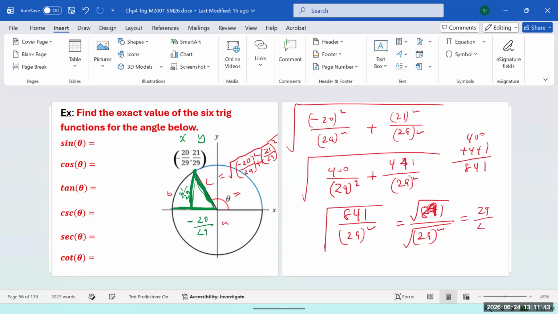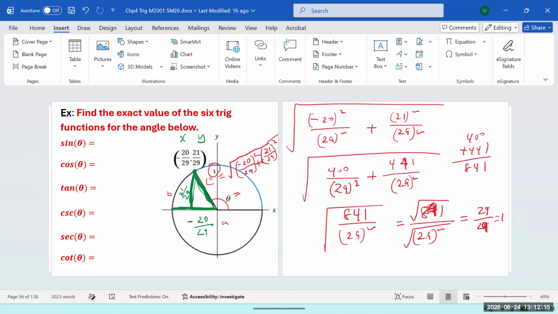So 29 over 29. Really? Okay, probably because of the unit circle. So C equals 1. Yeah. So they really give us the unit circle. I think it's a random circle. No. They gave us a unit circle.